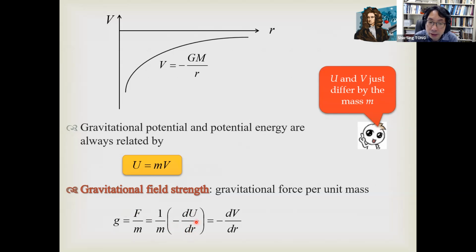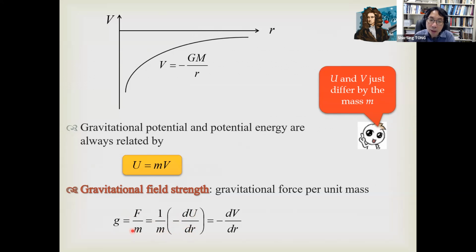Now, this is a standard relation between the potential energy and the conservative force. The conservative force is negative the derivative of the potential energy with respect to distance. So F is equal to minus dU/dr.